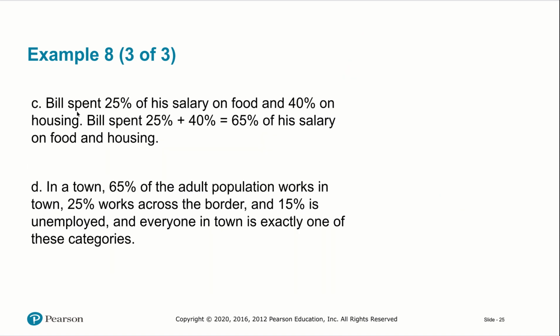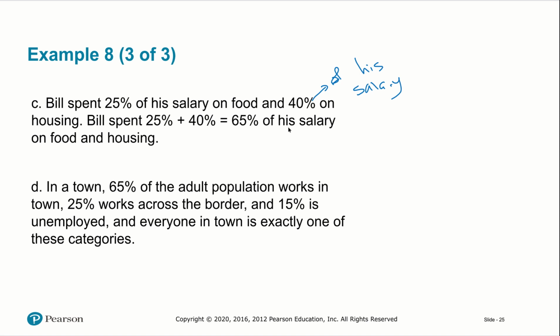All right, so on the next one, Bill spent 25% of his salary on food and 40%, now they don't say of what, they mean of his salary, right? On housing. So Bill spent 25% plus 40%, which is 65% of his salary. Yes, this is fine.